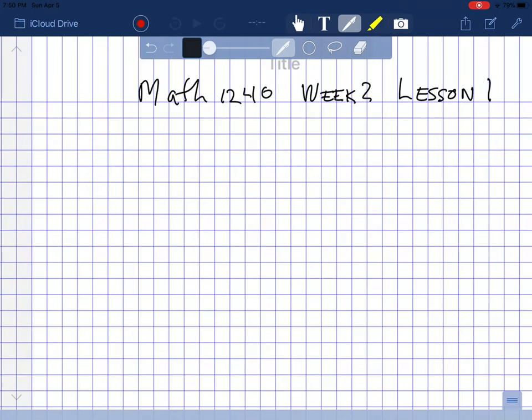Okay, let's continue our discussion of the log function. You'll remember that if we have a positive number a greater than 1, then the graph of the log function, base a, looks a little like the following.